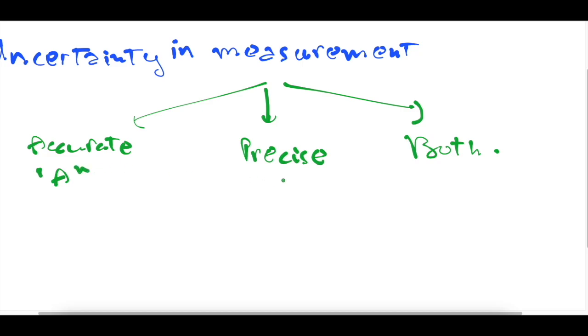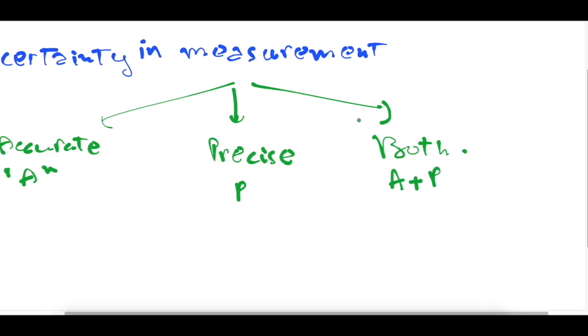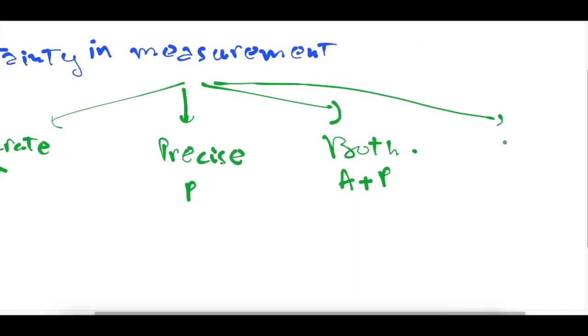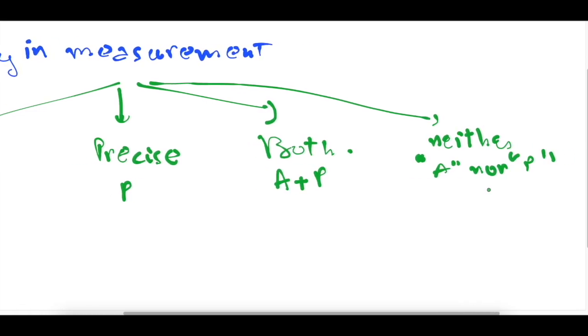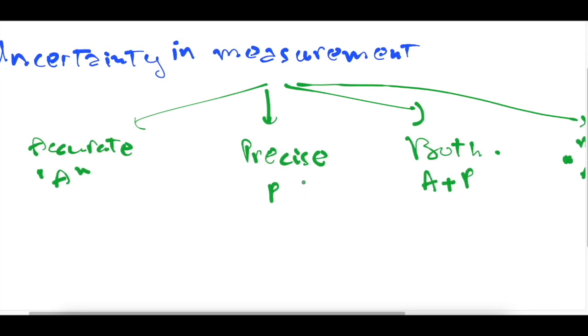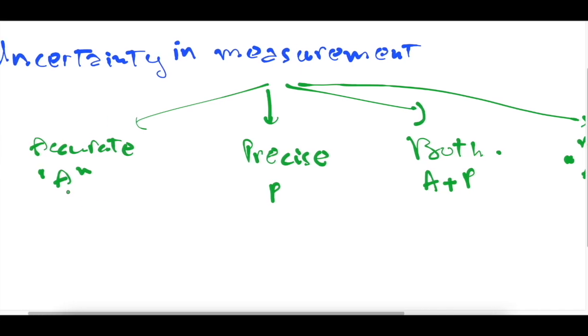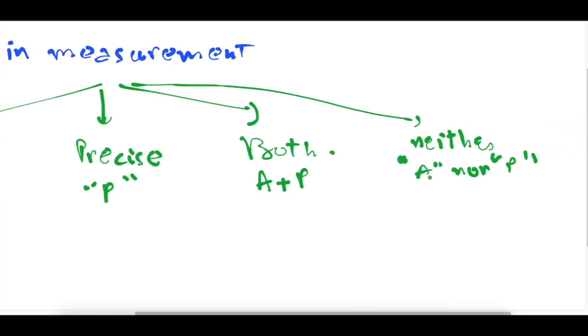Let's say accurate is A and precise is P. Both means accurate and precise, or neither, which means inaccurate and imprecise. So when we carry out a set of measurements, the measurements that we obtain are either accurate, precise, or both, or neither, which means imprecise and inaccurate.